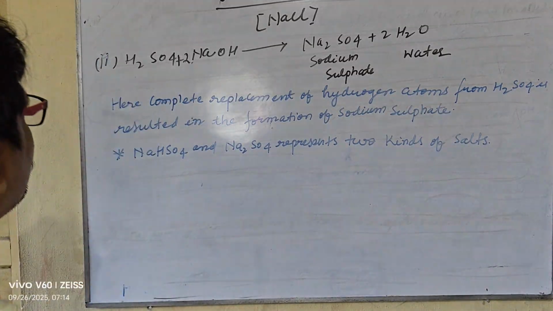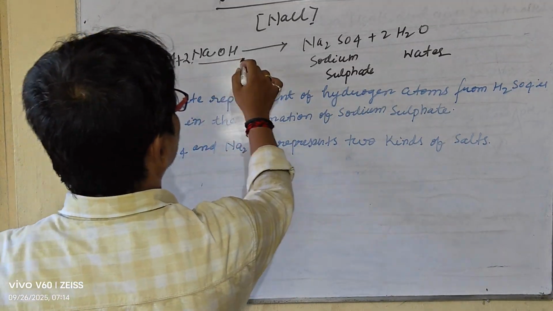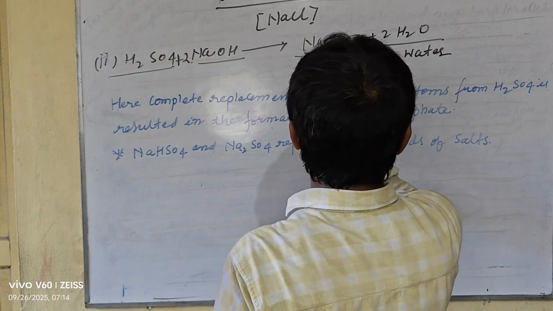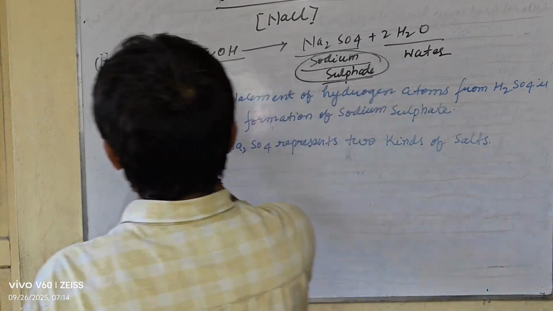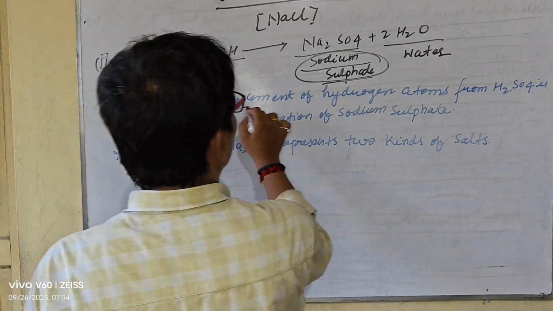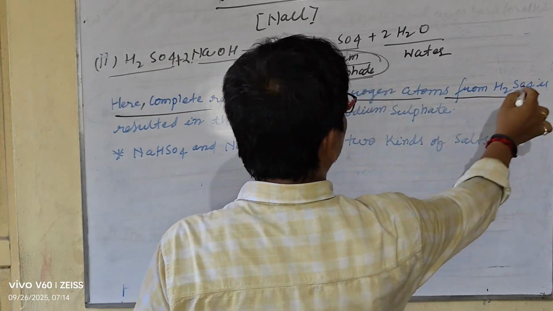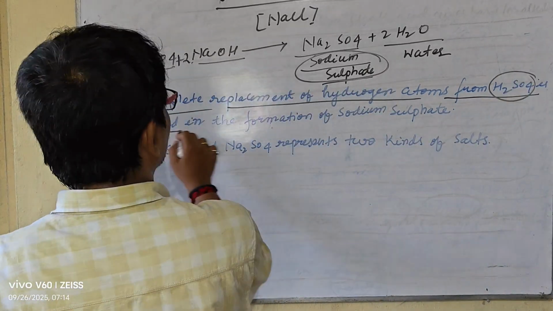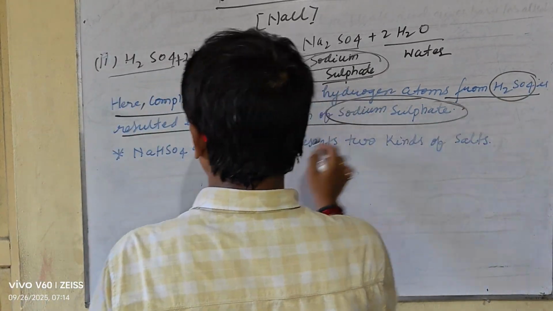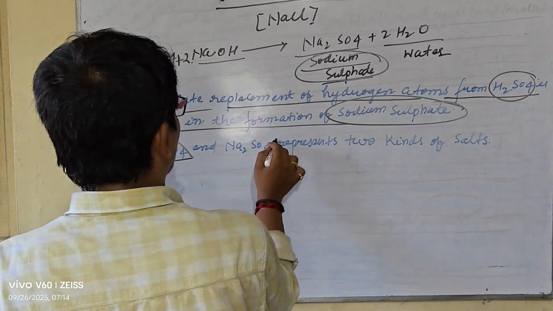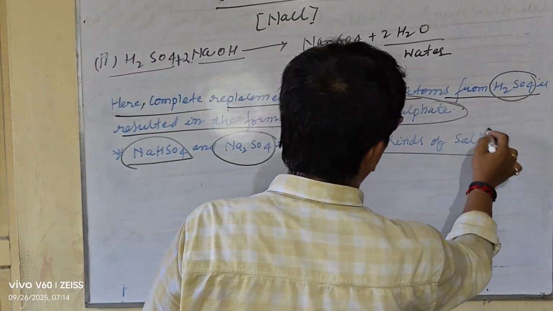So my dear student, in the second reaction, H2SO4 plus 2NaOH gives Na2SO4 plus 2H2O, that is sodium sulfate and water. Here the complete replacement of hydrogen atoms from H2SO4 has resulted in the formation of sodium sulfate. NaHSO4 and Na2SO4 represent two kinds of salts.